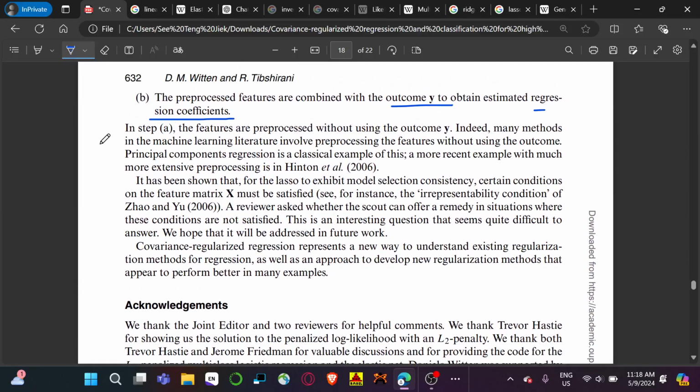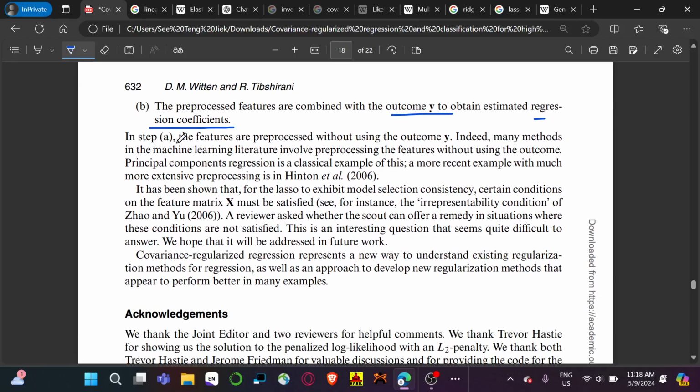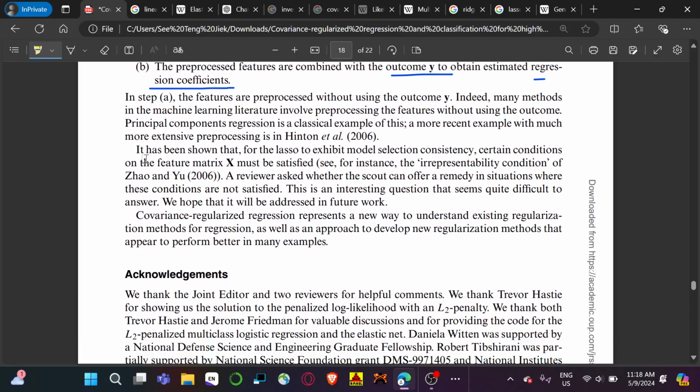And this is in the language of deep learning, right? In the first step, the features are pre-processed without using y. Indeed, many methods pre-process without that. Principal component regression is something like that. It has been shown that for lasso to have model selection consistency, certain conditions for the feature matrix must be satisfied.